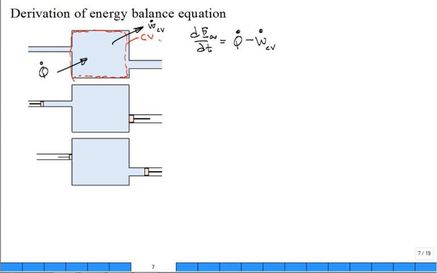And notice there's a subscript CV on that W term, because we're going to have not just a shaft work out, but we're going to have to consider boundary work of that control mass as it's being pushed in and pushing out of that control volume. That's why they emphasize CV. It's for the control volume. Think shaft work out of that control volume.